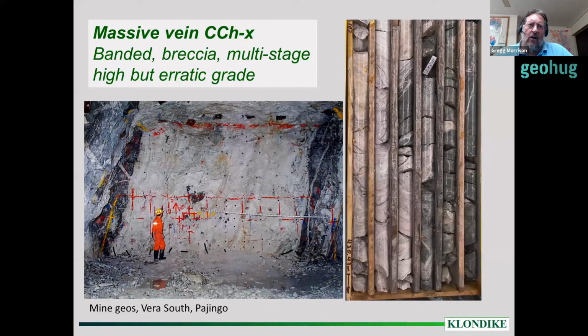At Pajingo, in this phase, when I was there, the mill results were put back to be an average for what was mined from that particular heading. And that was built into a model of the grade distribution, but overall it's incredibly erratic.